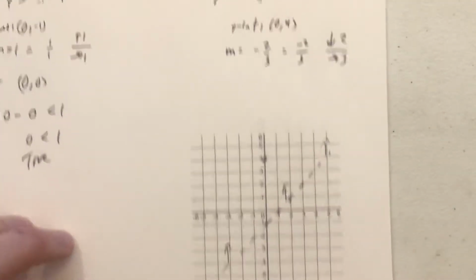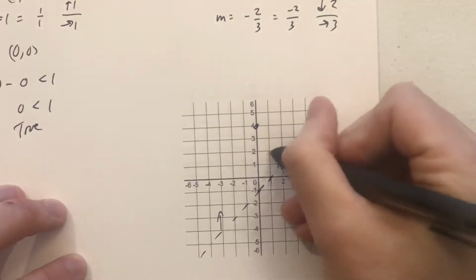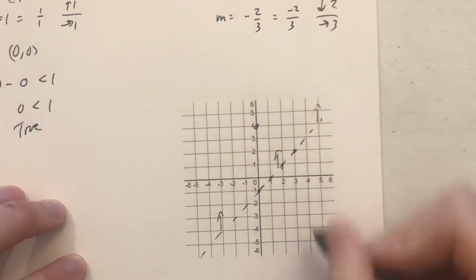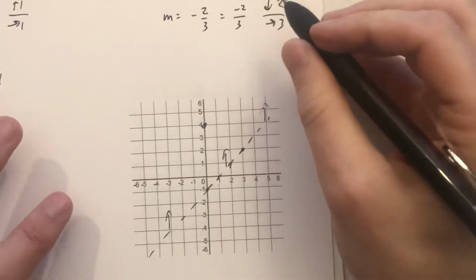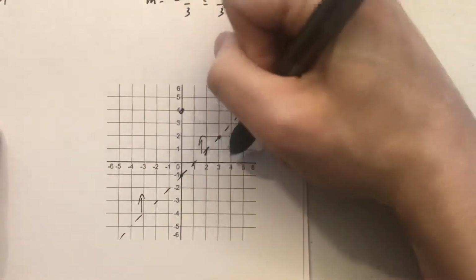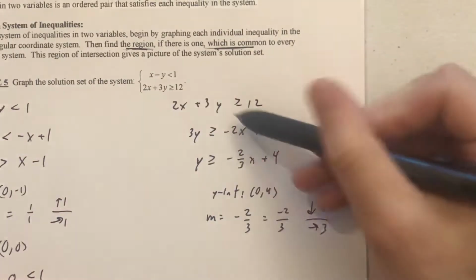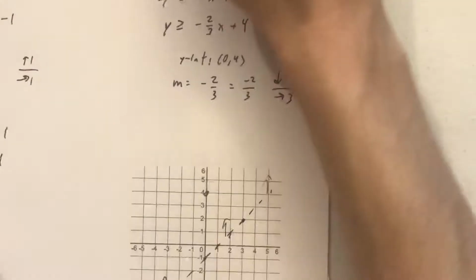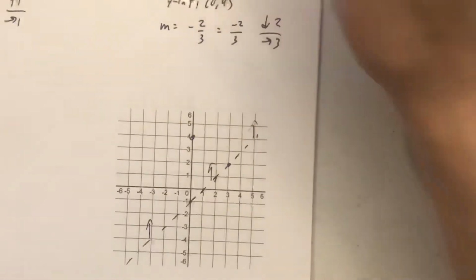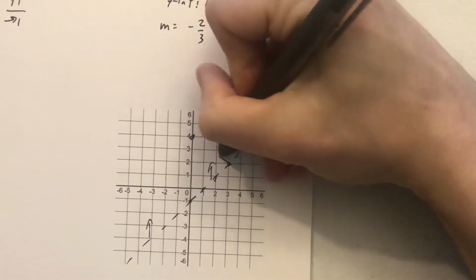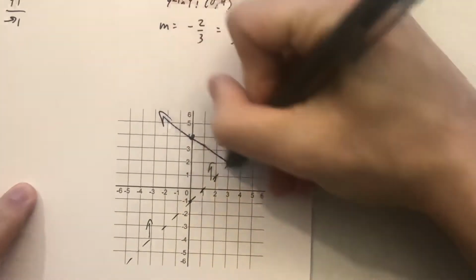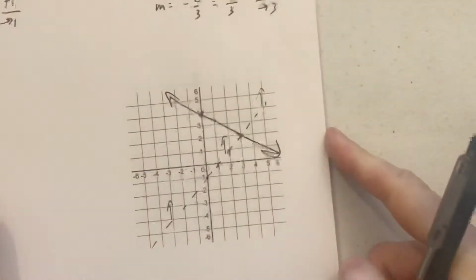So (0, 4) is our point, and then down 2, right 3, conveniently intersects there. A nice point, doesn't have to happen. But this line that we're going to draw, notice, has an or equal to in the inequality. So this line will be a solid line, going through those points, like so.